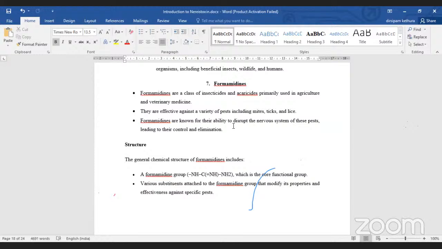And they are effective against a variety of pests, including mites, ticks, and lice. And these are known for their ability to disrupt the nervous system of the pests, which leads to their control and finally their elimination.